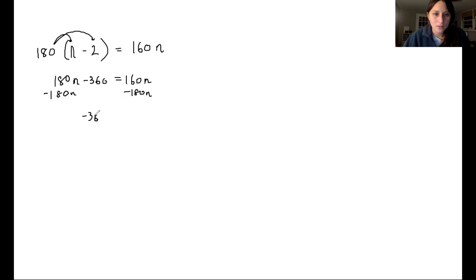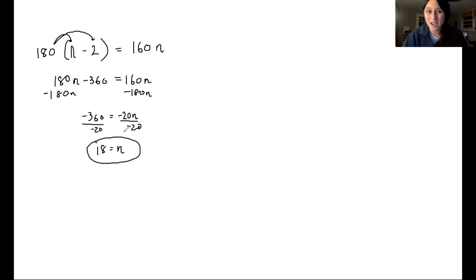And now I have negative 360 equals negative 20n. Divide by negative 20. And that is going to be 18. So if the shape has 160 degrees for each angle, then there will be 18 sides if all the angles are the same.